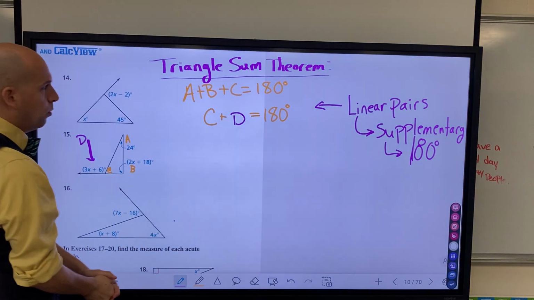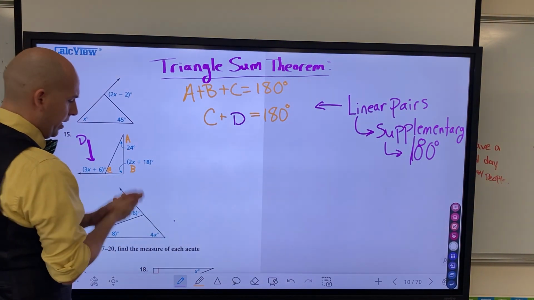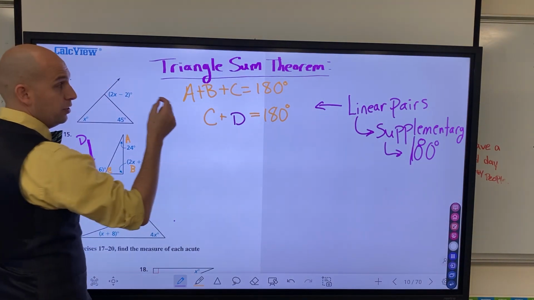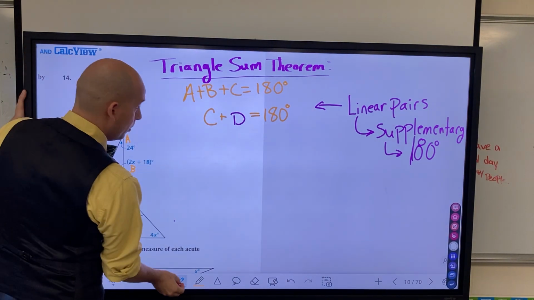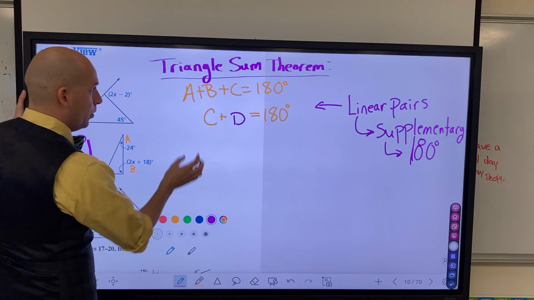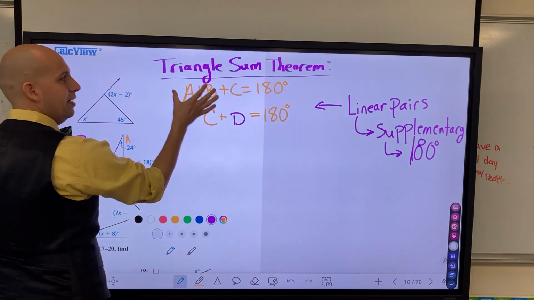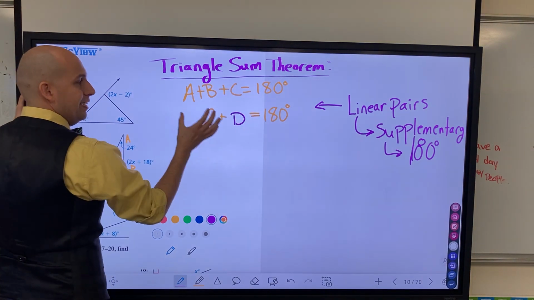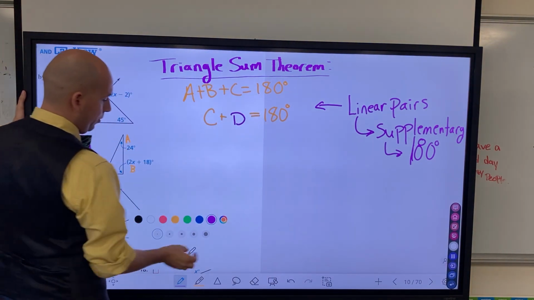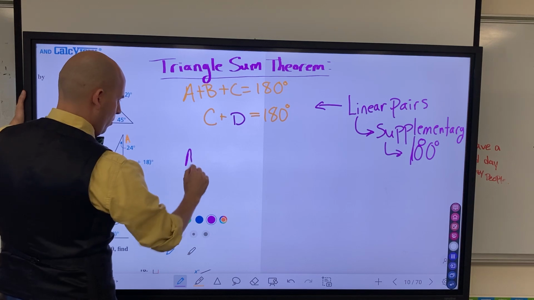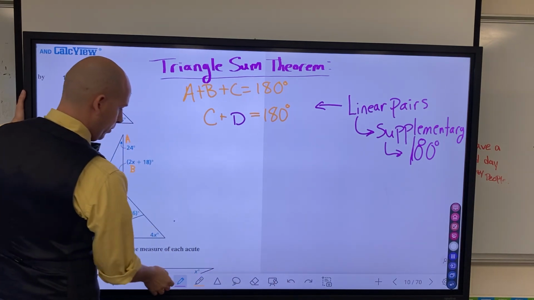Okay? Now we're going to do something a little bit tricky. We're going to use that transitive property that we were talking about earlier, and we're going to set both of these equal to each other. So by the transitive property, this, since it's equal to 180, is equal to this because it's also equal to 180. So I'm going to do yellow.